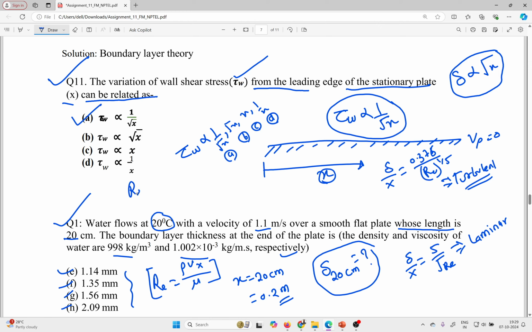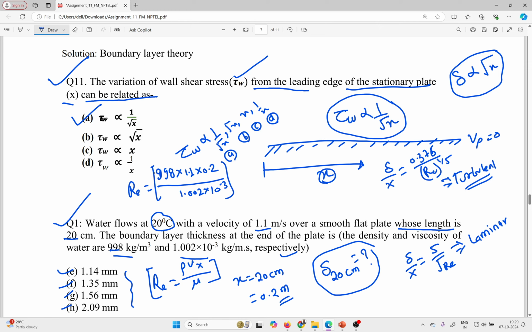So Re equals 998, already given in the question, times velocity 1.1, times x 0.2, divided by mu equal to 1.002 into 10 to the power minus 3.